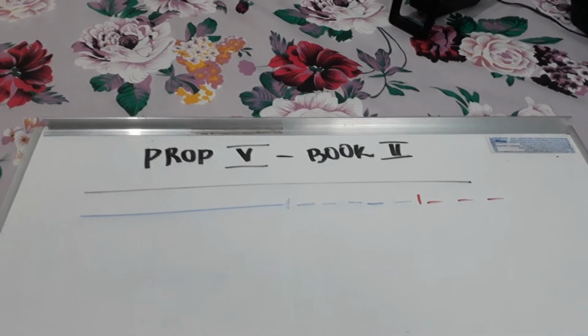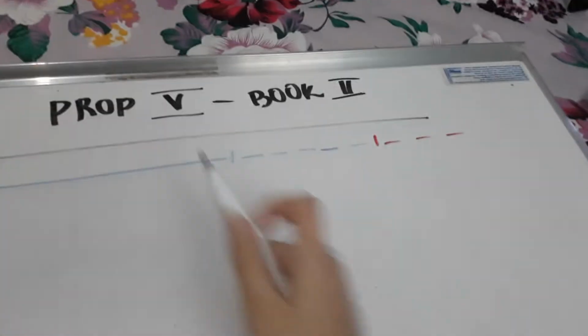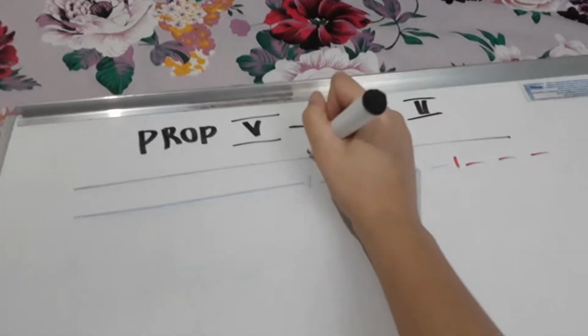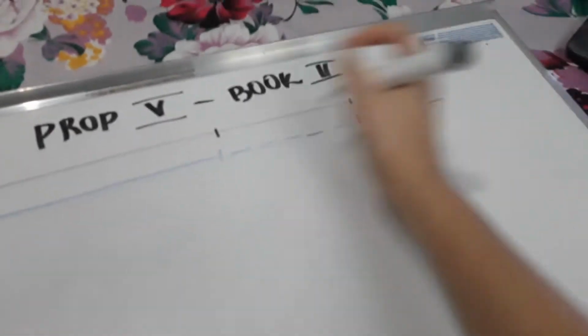Okay? So here we would have a given straight line, and it would be cut into even parts and uneven parts.